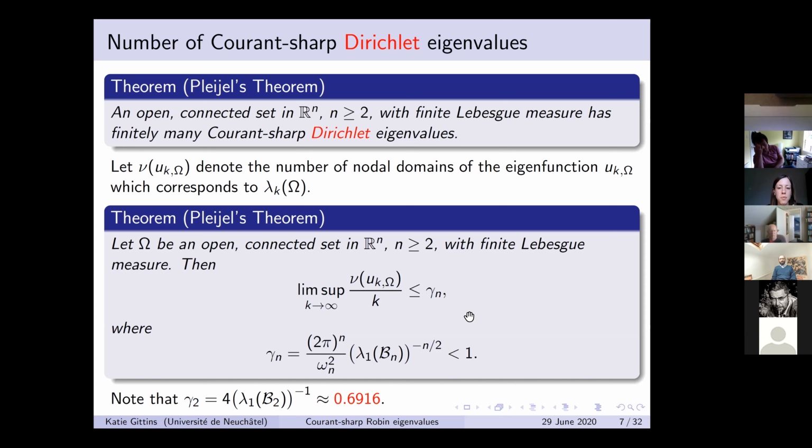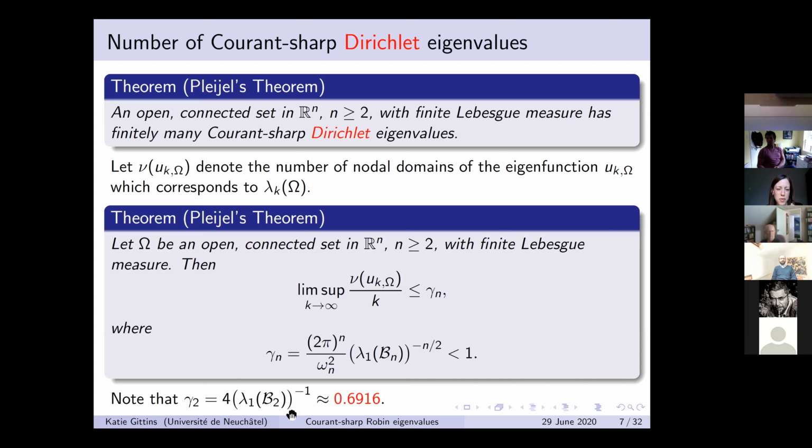And what I'd like to do is give you a brief sketch of what the proof of this result looks like, because it will be important for the discussion which follows, and we'll also be able to see where some of the tricky parts come in when we think about the other boundary conditions, so the Neumann and the Robin. So on the next few slides I'm going to talk about this Pleijel theorem for Dirichlet in 2 dimensions.